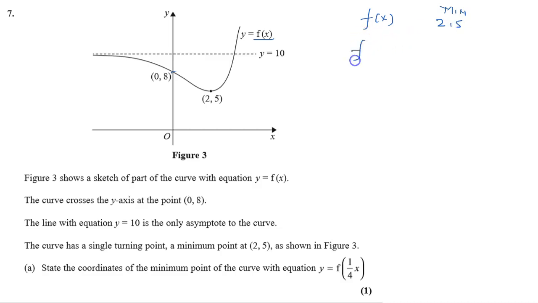Now we have to write the minimum point for f(x over 4). Always remember two types, a f(x) and f(ax), the transformation.